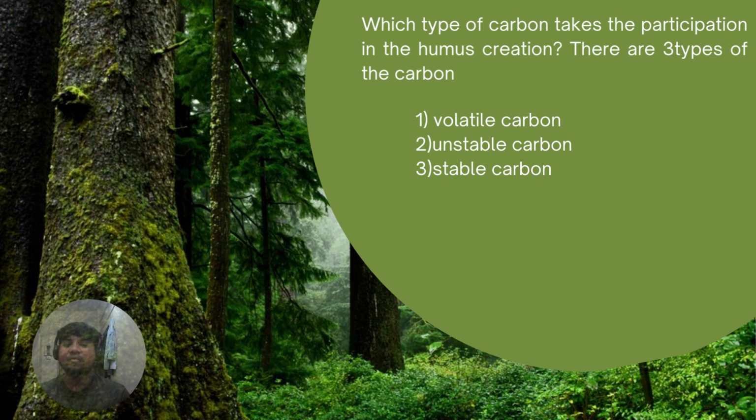That means when we cut down any intercrop or grass after the maturation of the seed, that means after the completion of the life cycle of the plant, and mulch, then the stable carbon will be released and converted into humus. So don't cut down any intercrop or grasses or any other crop before the maturation stage.